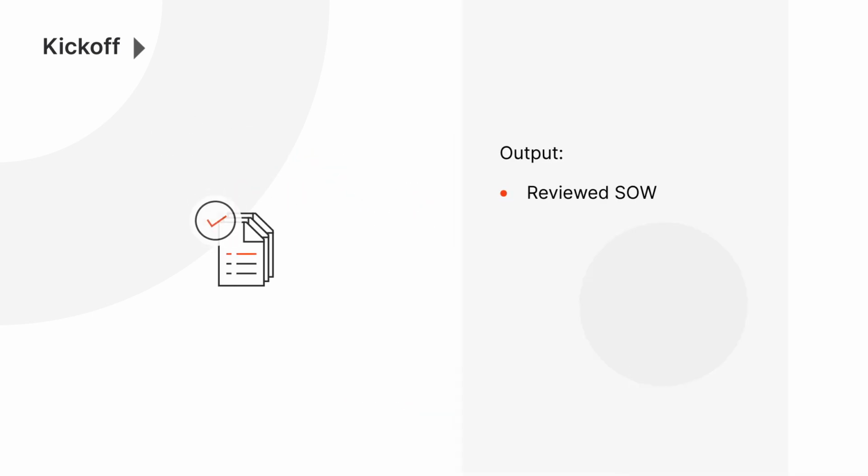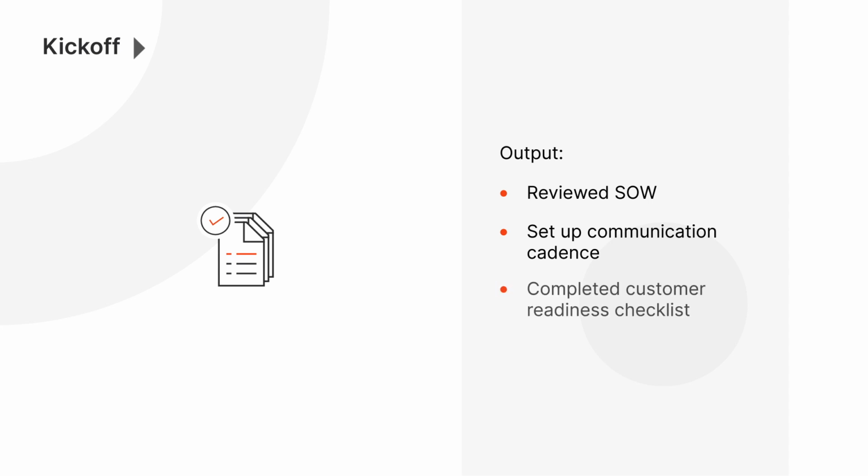For projects involving multiple legal entities, it's essential to draft and sign off the Statement of Work, SOW. Another output of this stage is the establishment of a communication cadence between the teams and the completion of the client's readiness checklist. Another document to introduce here is the issue tracker.